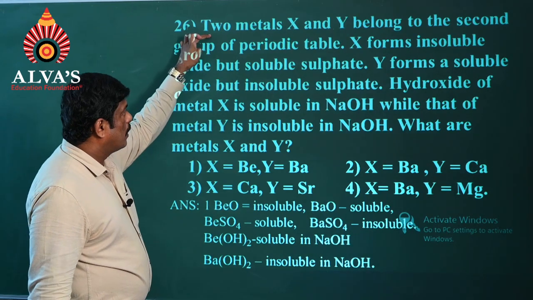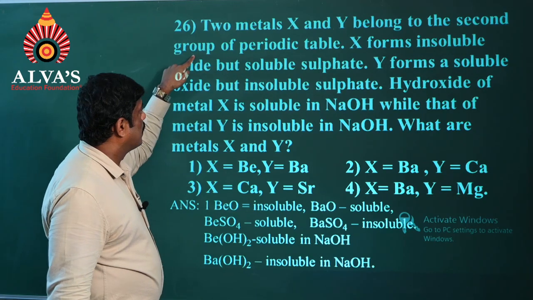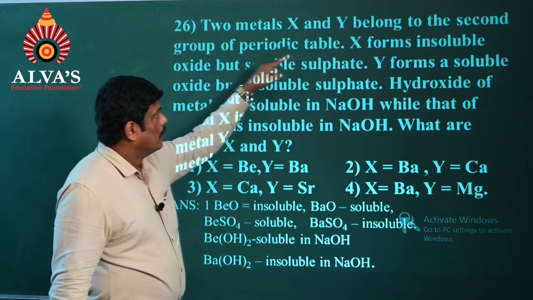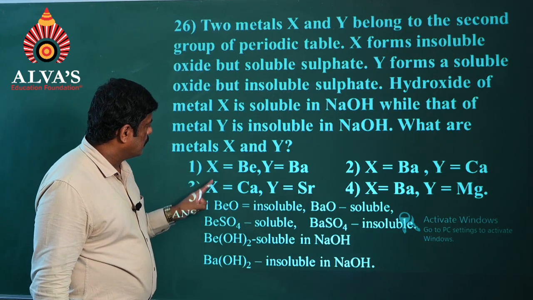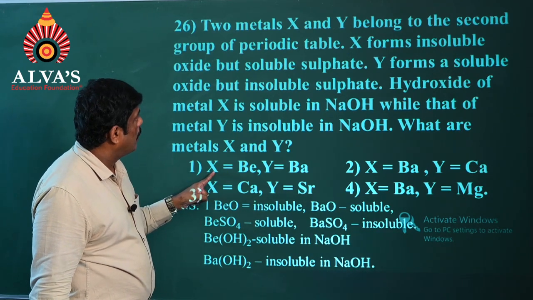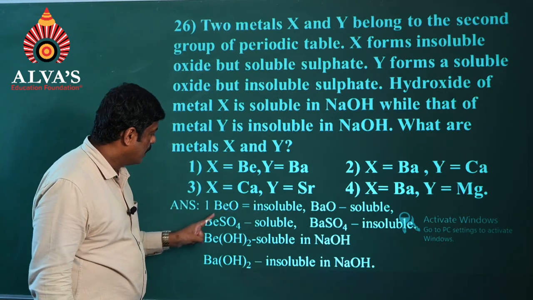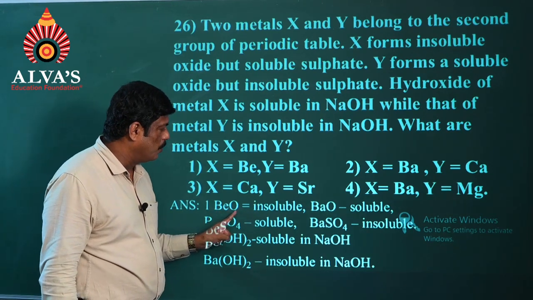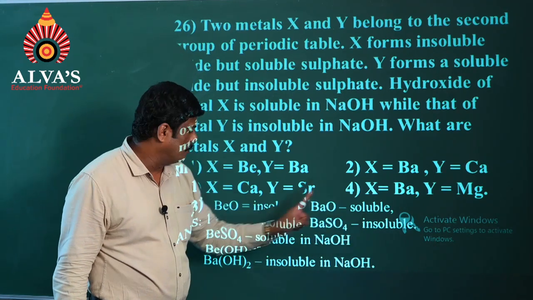Among the two metals X and Y, they belong to the second group elements in the periodic table. X forms an insoluble oxide, insoluble in water. BeO is insoluble, BaO is soluble in water.